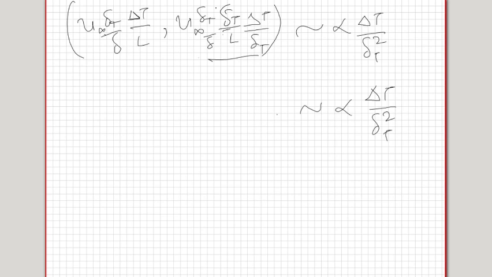Now this delta T gets cancelled. So these two terms now come to the same order of magnitude. So I'll have U infinity into delta T by L into delta T by L of this order. Now if I bring this delta T square to this side, it becomes delta T cube. This temperature difference can be cancelled out on both sides.